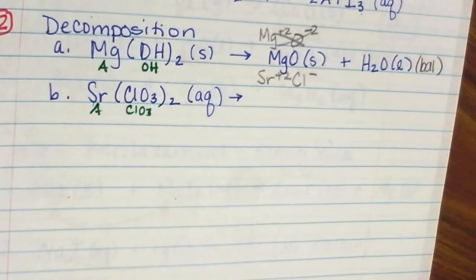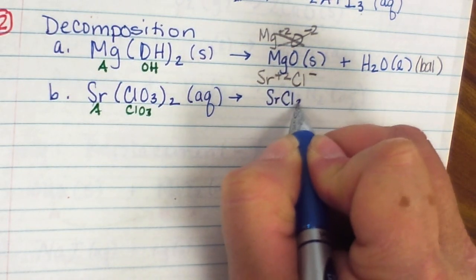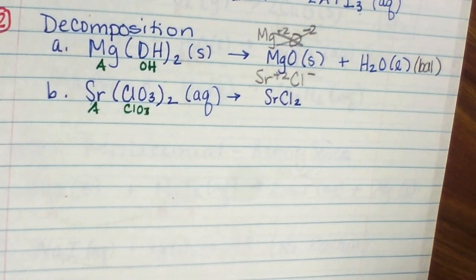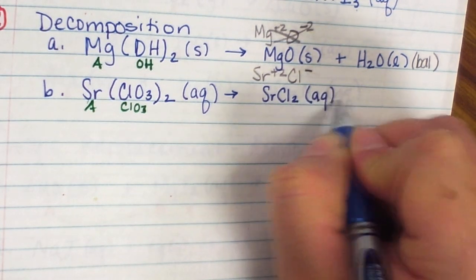Crisscross, and I get strontium chloride. This is a halogen, so it's going to be aqueous unless it's bonded to silver, lead, or mercury, which it's not. So this is going to be aqueous.